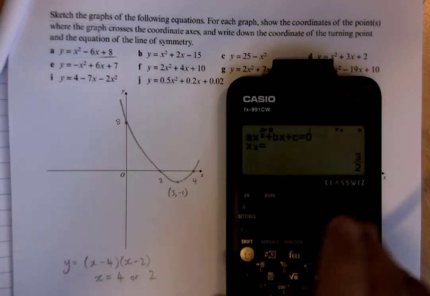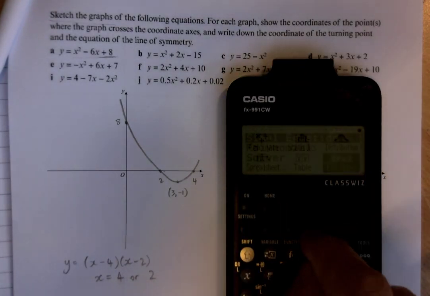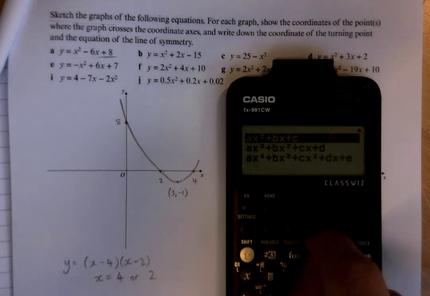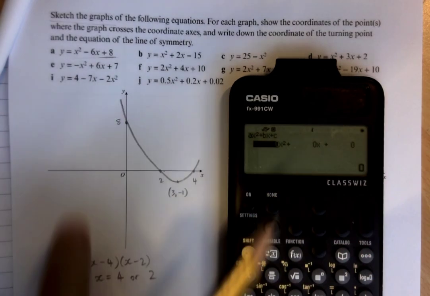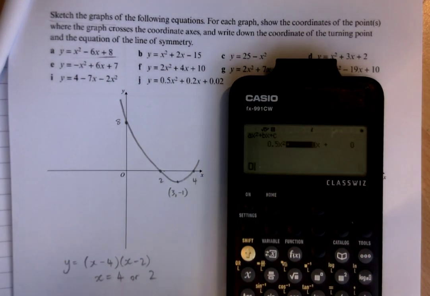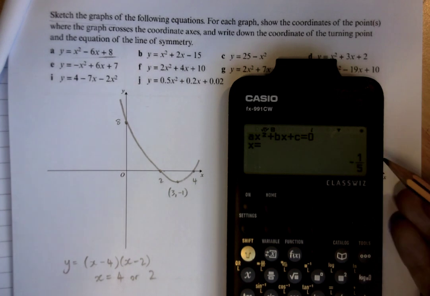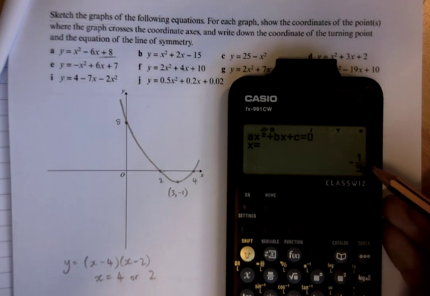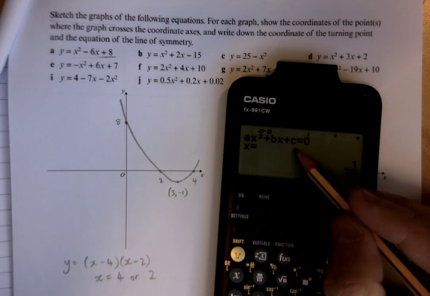So this one, say J, is a little bit more complicated, only because it's got decimals in it. I will just point out that using the equation tool on the calculator, if I put in these 0.5, 0.2 and 0.02, you're always allowed a calculator, so that's not a problem. You'll get the solutions for the roots, so it says equal to 0.